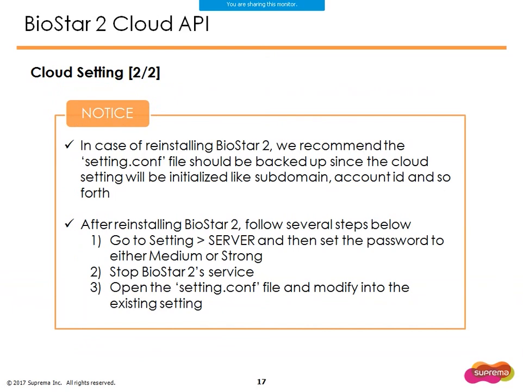When you need to reinstall Biostar 2, I recommend that you back up a file named setting.config because this setting will be initialized so that the situation you cannot use existing subdomain will happen. To prevent this issue, please follow the 3 steps shown in this page.